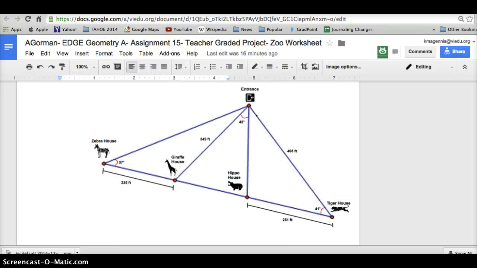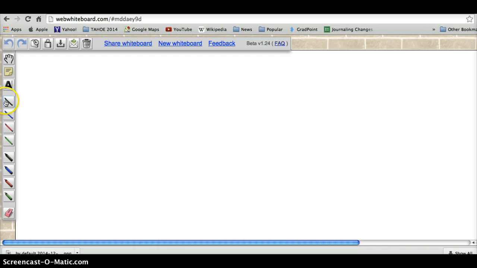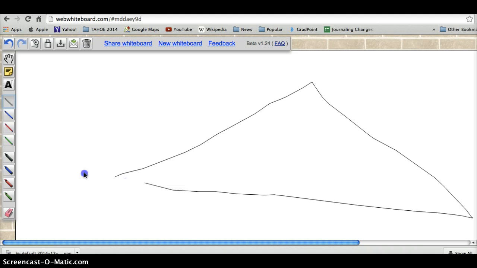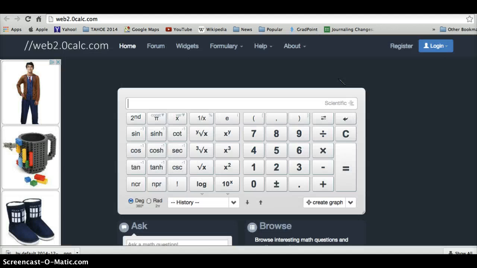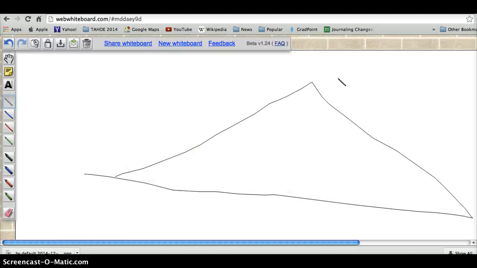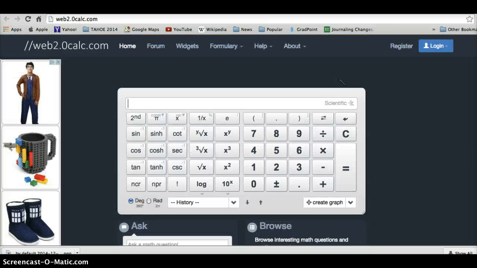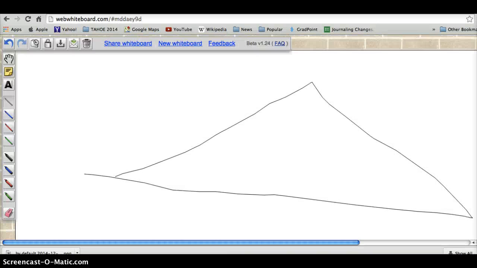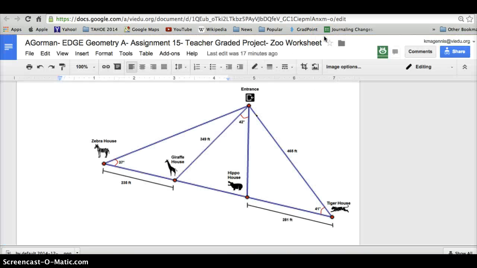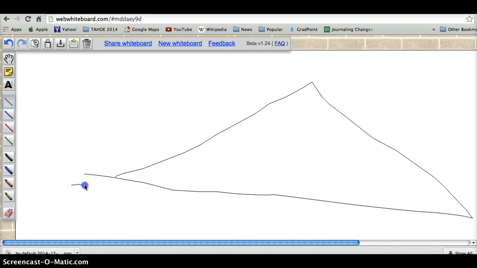Okay, so let's take a quick look here. Alright, I have a whiteboard, and I will do my best to draw triangles. They will not come out fantastic, because I'm just using my mouse. So we have Z for zebra's house at this vertex, and then E, we're going to label all of them.